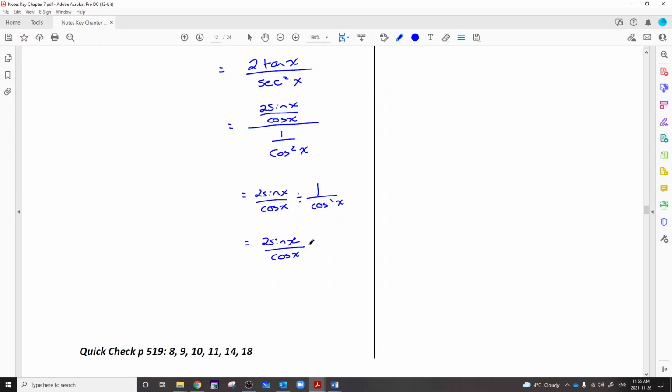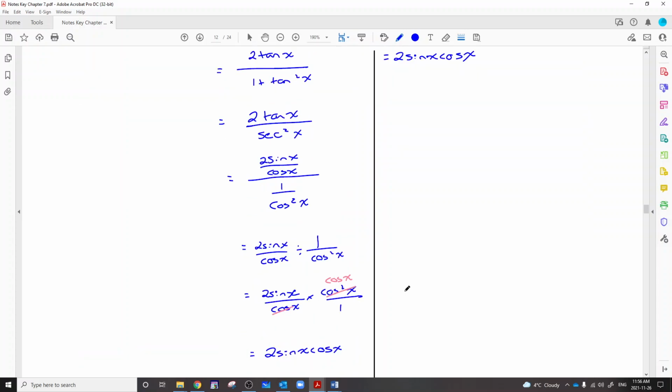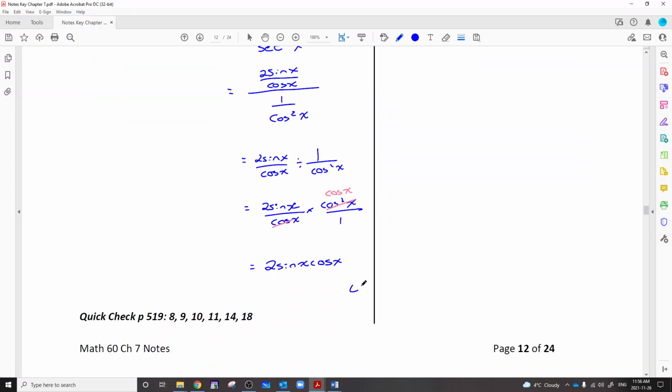When I'm dividing, I flip the second fraction and multiply. Then I see that I can simplify: a cos x goes into cos squared x to leave a cos x. Then I multiply, and I'm left with 2 sine x cos x over 1, and then I've got my left side equal to my right side.